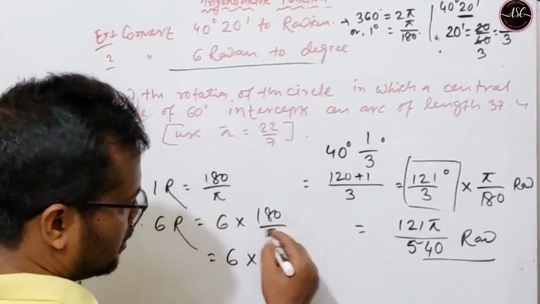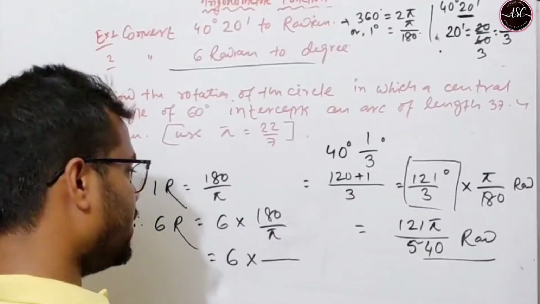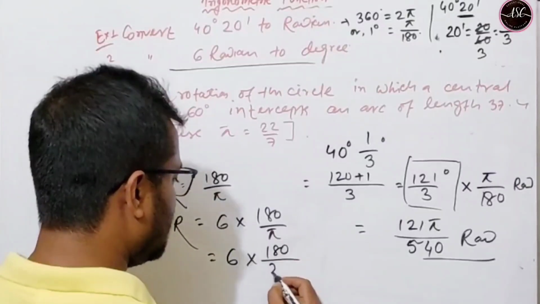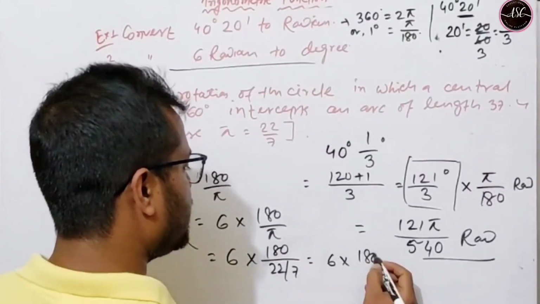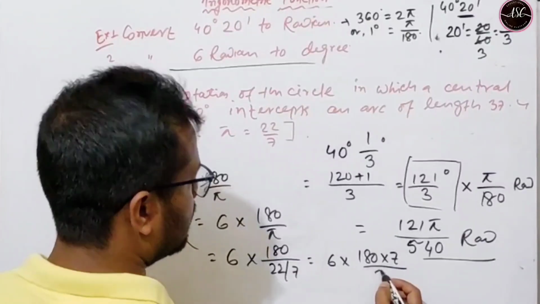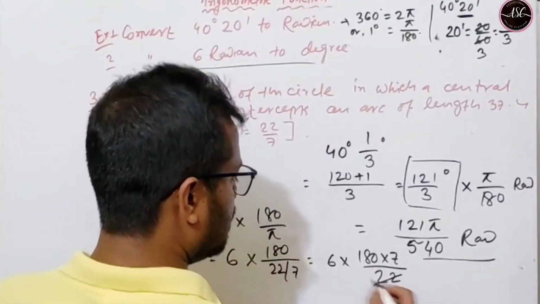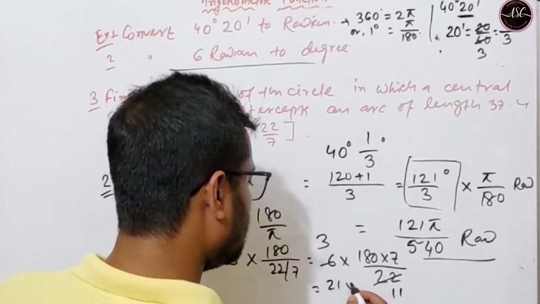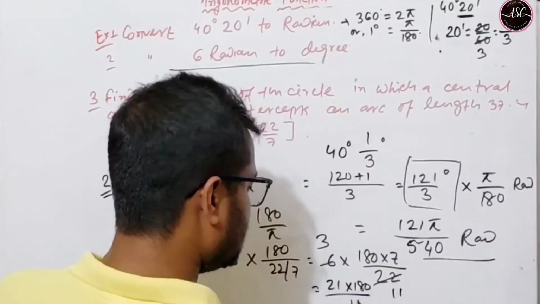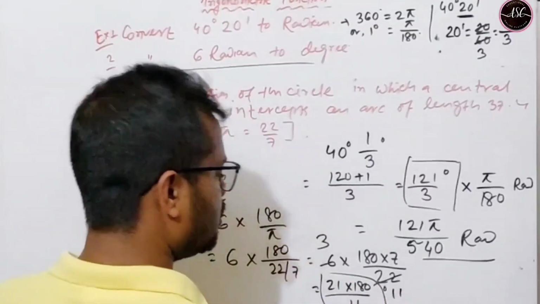We replace pi by 22 by 7. So we have 6 into 180 by 22 by 7. By simplifying this, we get 6 into 180 into 7 by 22. Now cancelling 11, we get 21 into 180 divided by 11. Just simplify this, you get the degree value.